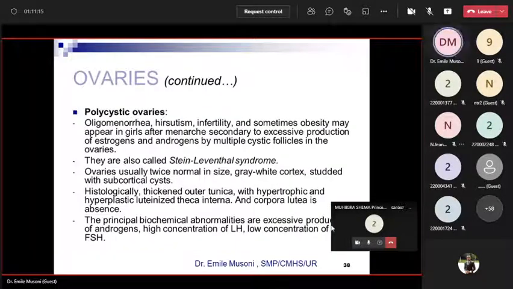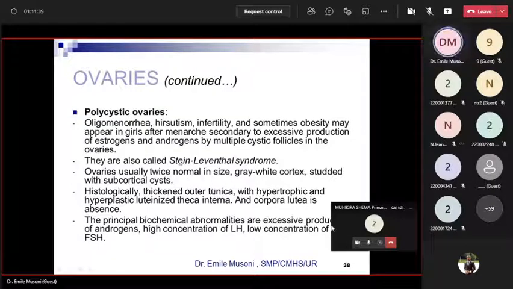Polycystic ovary is characterized by oligomenorrhea, infertility, and sometimes obesity, which may occur in girls after menarche, secondary to excessive production of estrogen and androgen by multiple cystic follicles in the ovaries.